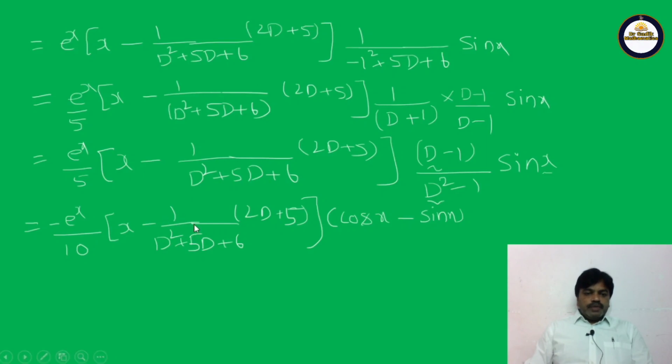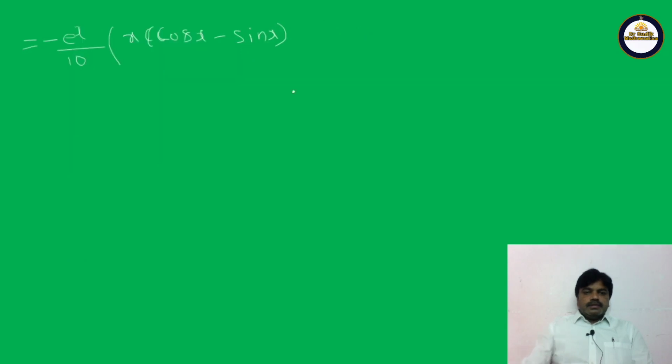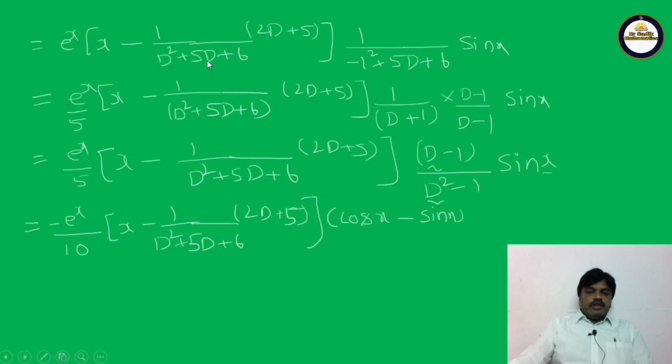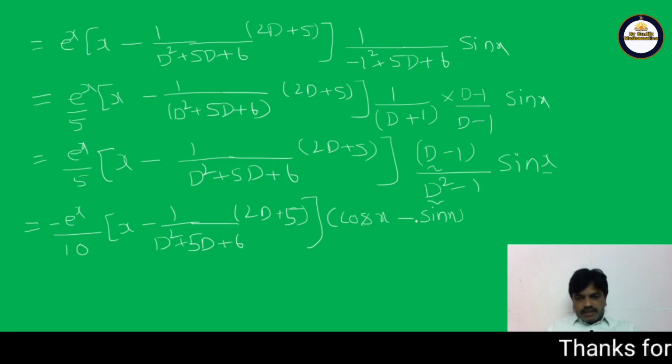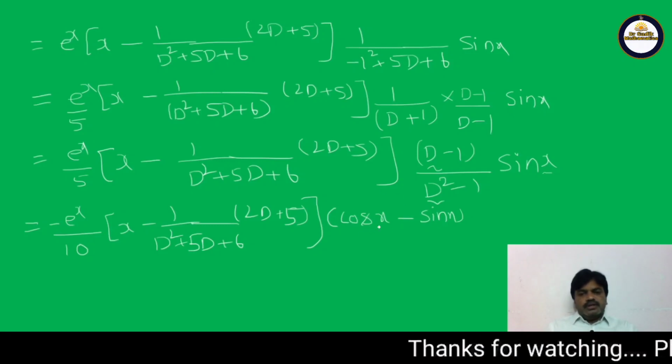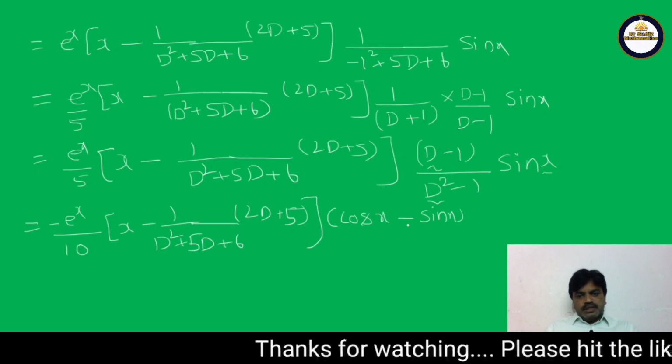And then minus 1 by D square plus 5D plus 6 into 2D plus 5. I want to multiply with cos x and sin x, friends. Okay, directly apply here. So we get cos x and then minus sin x.